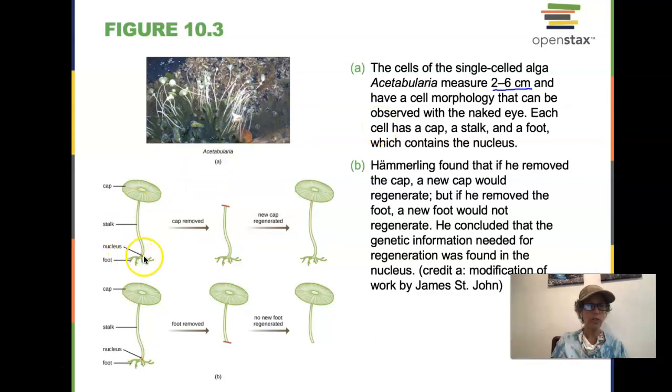So the nucleus is here in the foot structure. There is a stalk and a cap. And when the cap is removed, this organism can regenerate its cap. But if the foot is removed, then no new foot is generated. And so the information for regeneration must be down here in this nucleus.